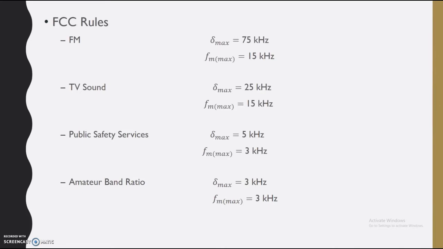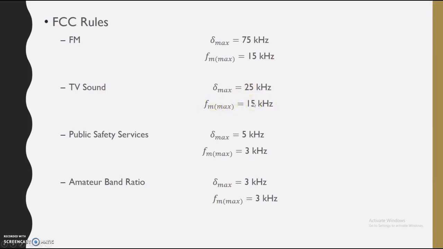In deviation ratio, there are values arranged by the maximum carrier deviation and the maximum allowable intelligence frequency. In FM, the maximum carrier deviation is 75 kHz, while the maximum allowable intelligence frequency is 15 kHz. In TV sound, the maximum carrier deviation is 25 kHz, and the maximum allowable intelligence frequency is 15 kHz.